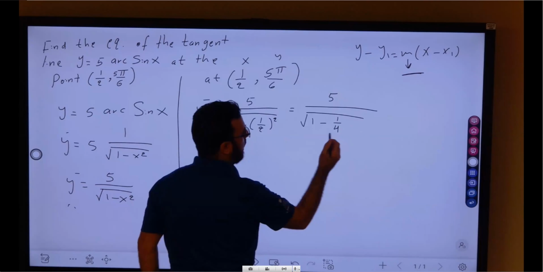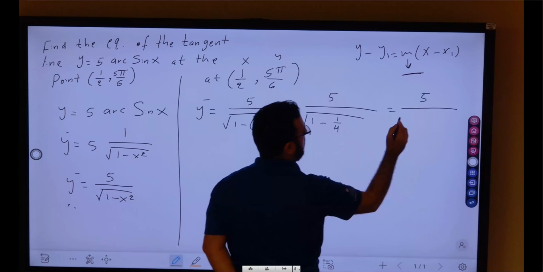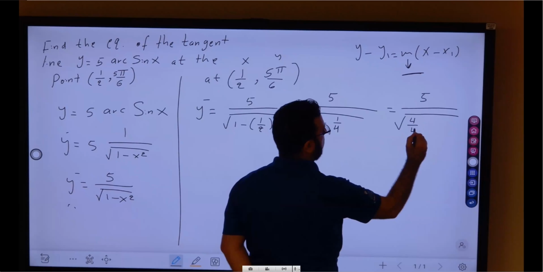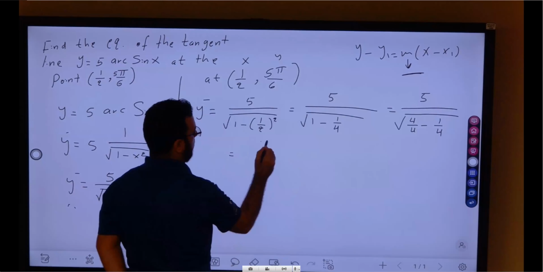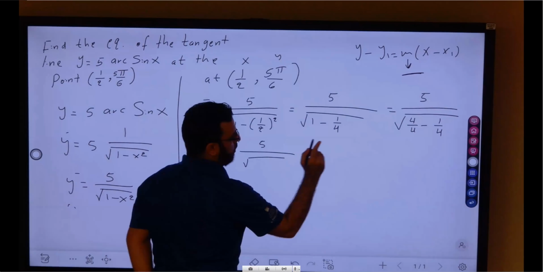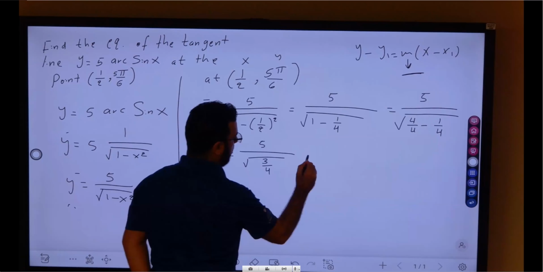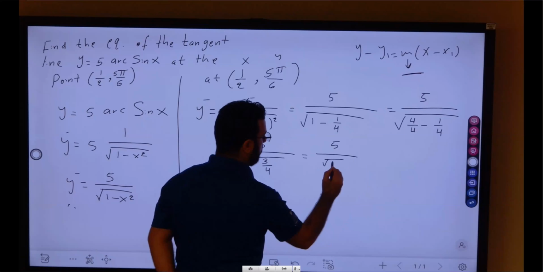Simplify this one. 5 over the square root of 4 over 4 minus 1 over 4. So it's going to be 5 over the square root of 3 over 4. It's going to be 5 over the square root of 3 over 2.